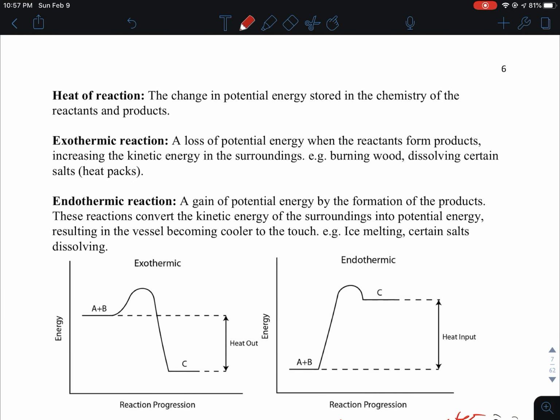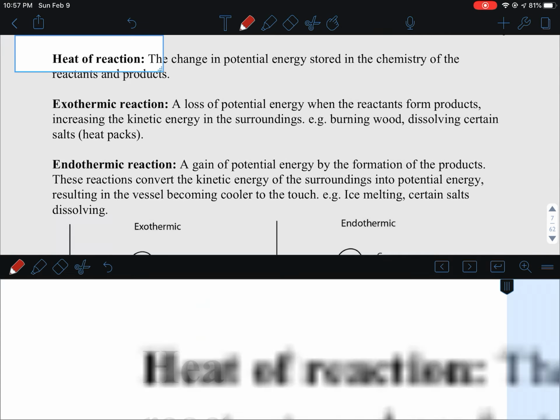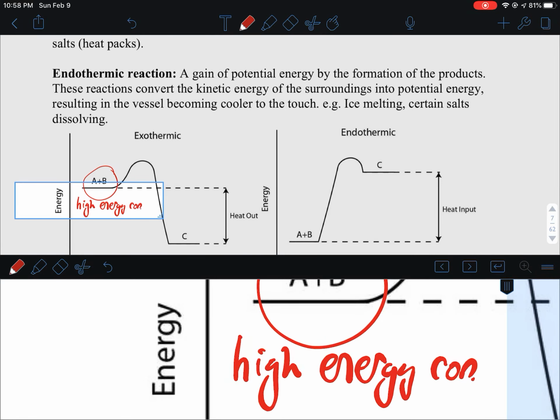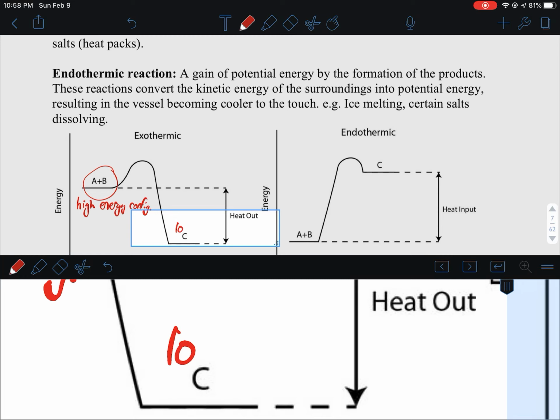So here's where the heat of a reaction comes into play. We've talked about these a little bit in grade 11, maybe not in a long time. So an exothermic reaction is moving from a configuration with high energy, so we think about this as a high energy configuration, to a low energy one.